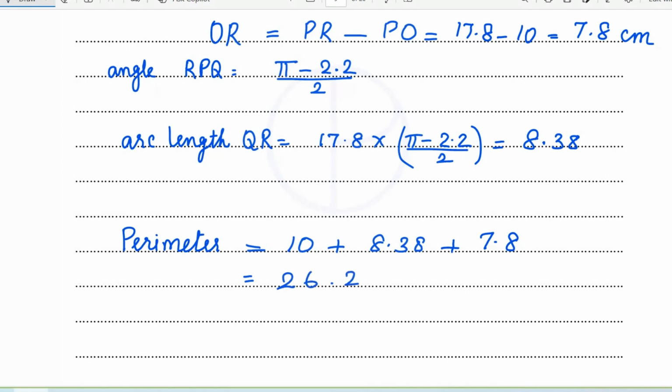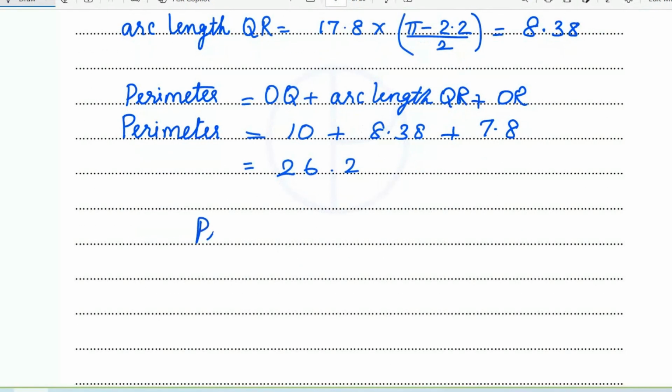We can write this also as a step: OQ plus arc length QR plus OR. So perimeter is equal to 26.2 centimeter.